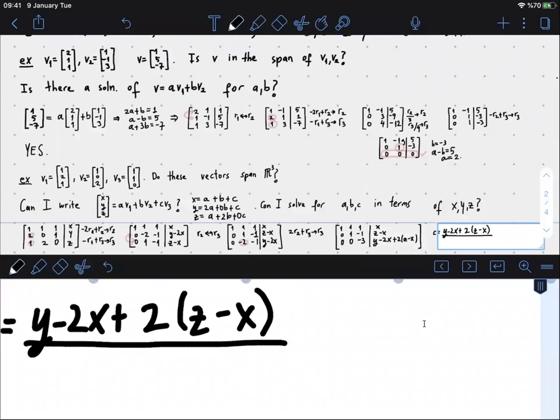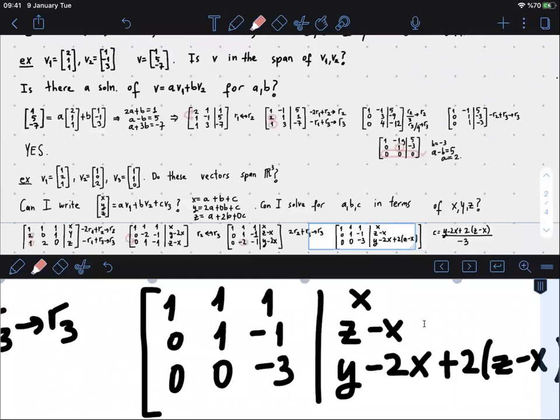Once I find c, I write this c here. So this is b minus c equals this. So I can solve this second line for b. Once I solve b and c, I can solve the first equation for a. All those things can be found, which means the answer is yes. So this system is consistent. So the answer is yes.